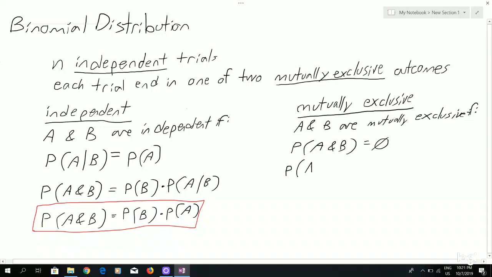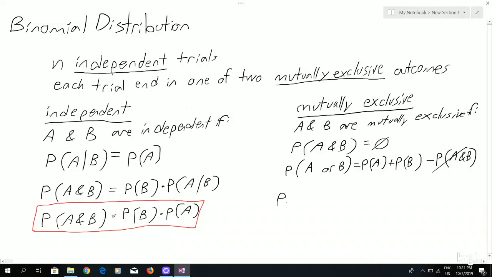Normally the probability of A or B is the probability of A plus the probability of B minus the probability of A and B. That's again the review from the statistics lectures. But if the probability of A and B is 0, then this last term cancels out.